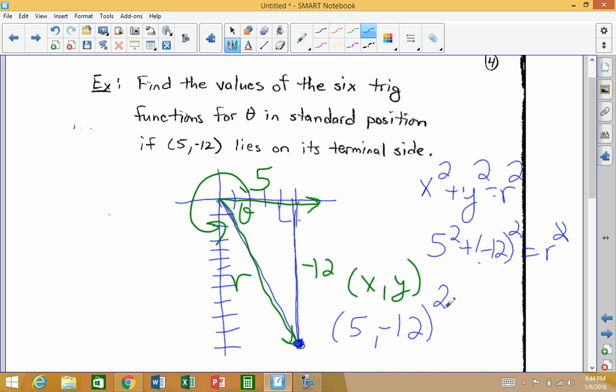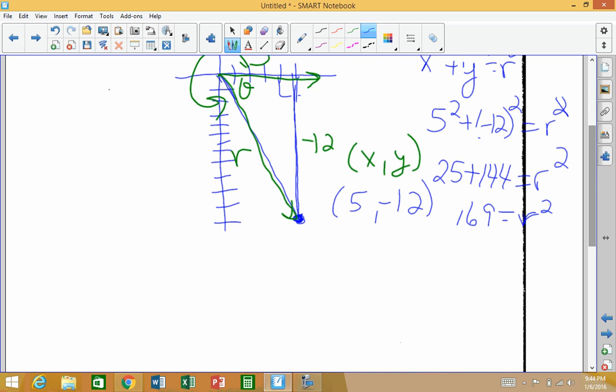So that's 25 plus 144 equals r squared. 169 equals r squared, and the square root of 169 is 13. So we know that r is 13.